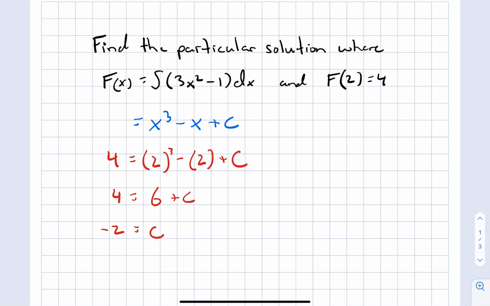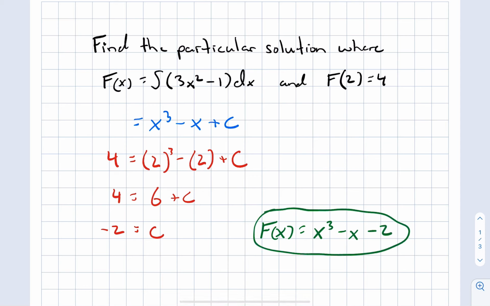So now when we put it back together, f of x is going to equal x cubed minus x, and then instead of saying plus c at the end, we have minus 2. Right? So that is how we find a particular solution given an initial condition.